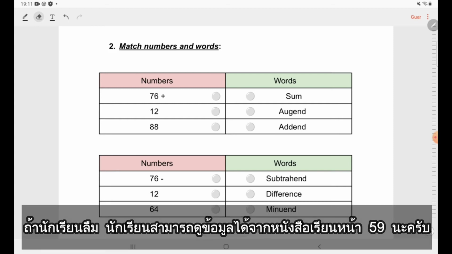If you forgot, okay, you can check the information you need on page number 59.